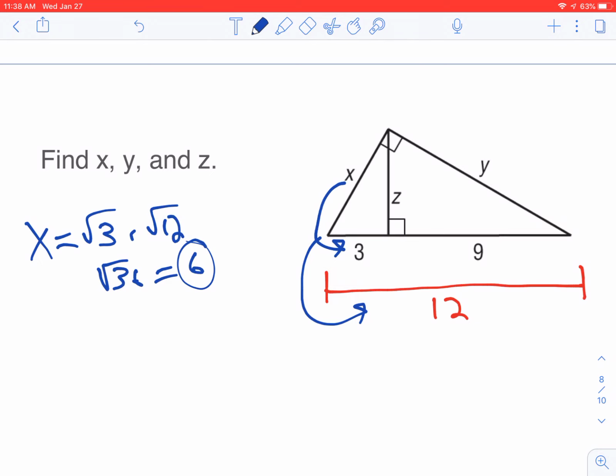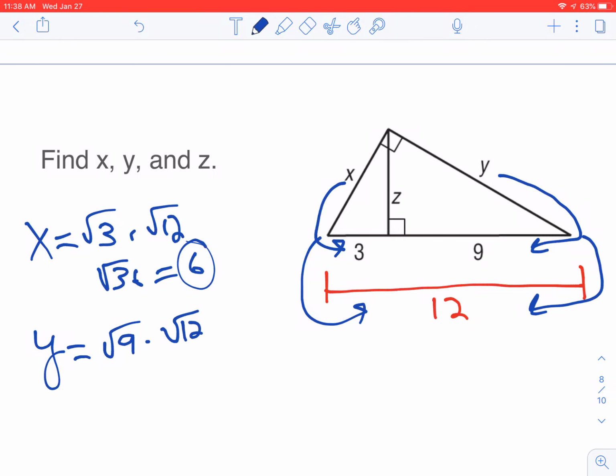Okay, now I'm going to take y. I'm going to go to 9, and I'm going to go to 12. Y equals root 9 times root 12. If I simplify both of these, I get 3 times 2 root 3, which is 6 root 3.